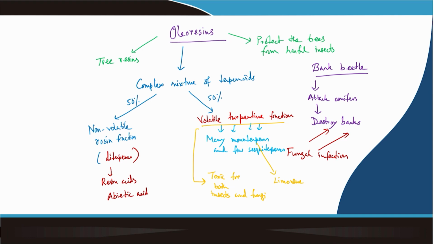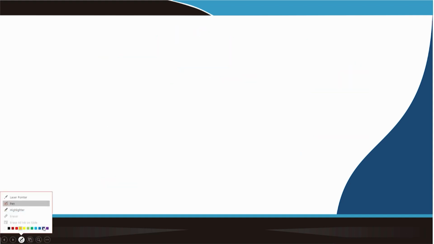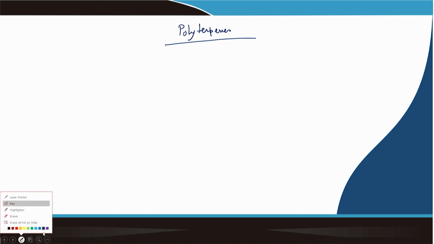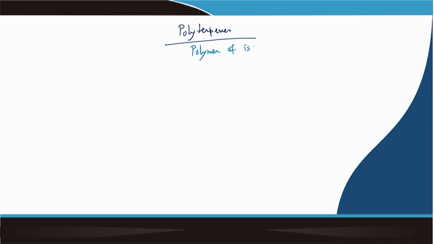Now we will go to the polyterpenes. Polyterpenes are basically polymers of isoprene, rather I write isopentenyl units, which can go up to 1500.